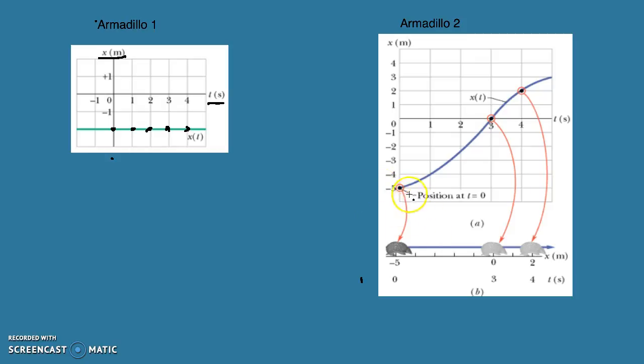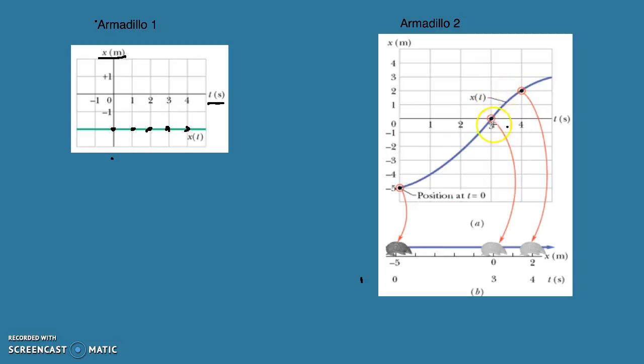Well, I'm going to tell you that one way you can look is by looking at the slope. Okay, so the line here starts off, it gets steeper, it gets steeper, it gets steeper, and during this segment here is where it's at its steepest, and then it starts to slow down again. Okay, in these 3 seconds it travels about 5 meters, whereas in this 1 second it's traveling 2 meters.